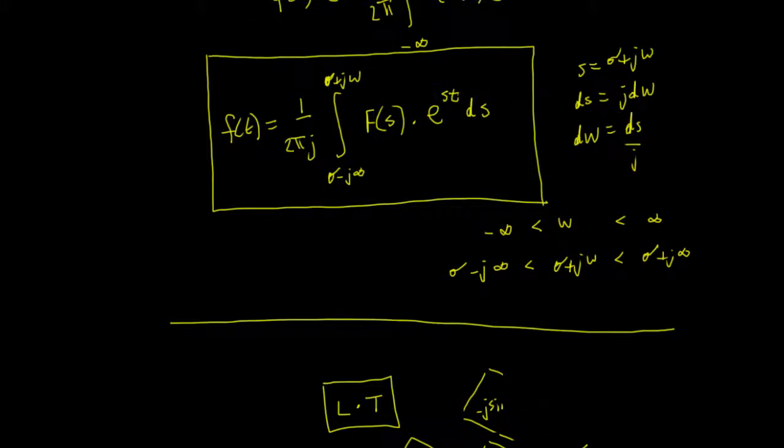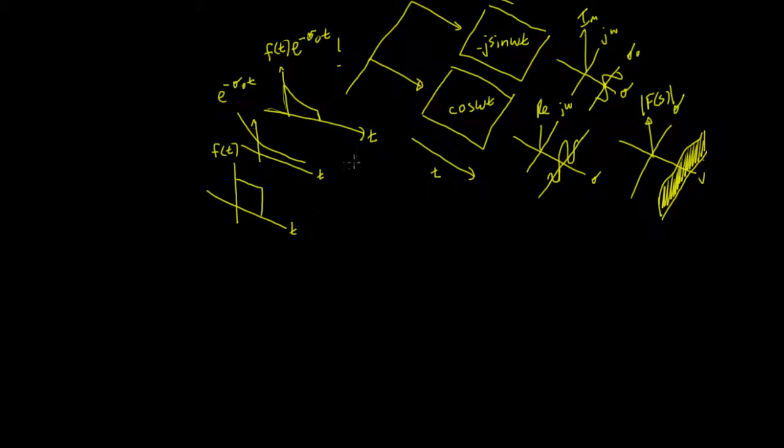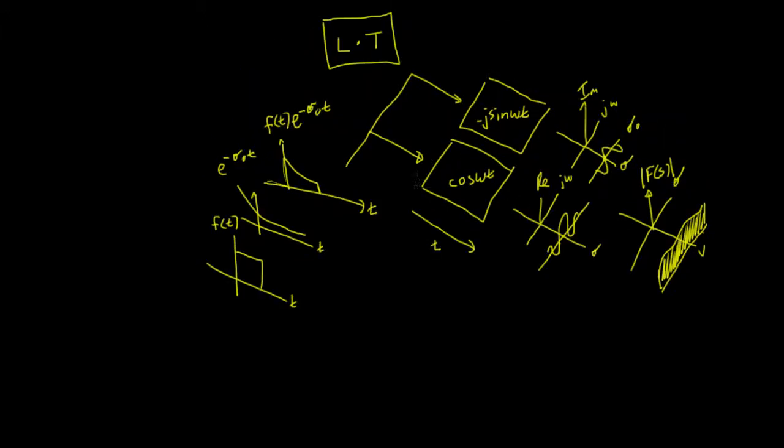Okay, so let's get this right here: minus j infinity to plus j infinity. That's our contention here. So let's draw this out again. We're starting from the Laplace surface.